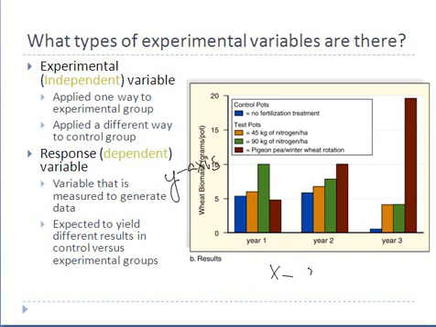This is your x-axis. The x-axis will always have the independent variable. So you can see the wheat biomass was the variable that was used to measure that data, and it is always plotted on the y-axis.